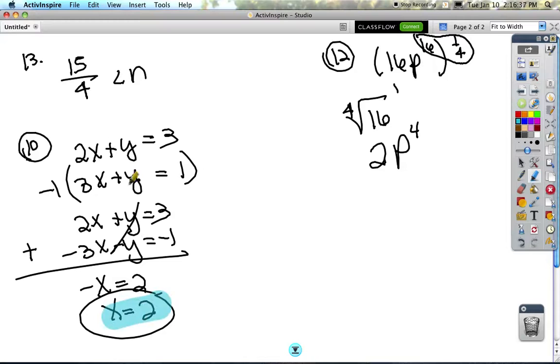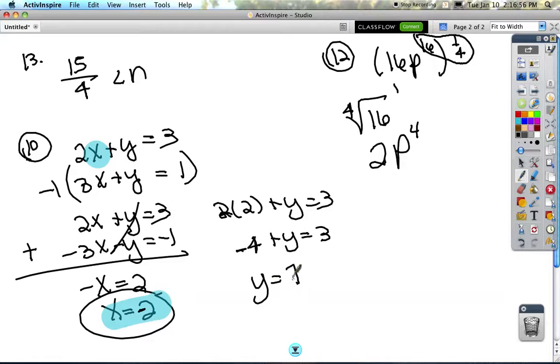Substitute that back in. 2 times 2 plus y equals 3. 4 plus y equals 3. I'm sorry, that's supposed to be a -2. -4. y equals 7.